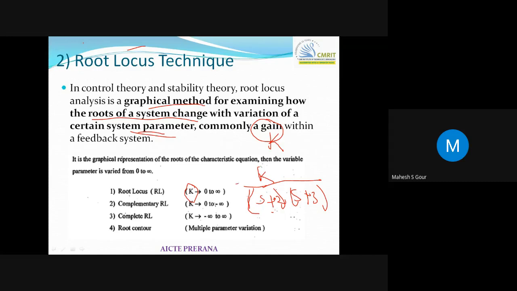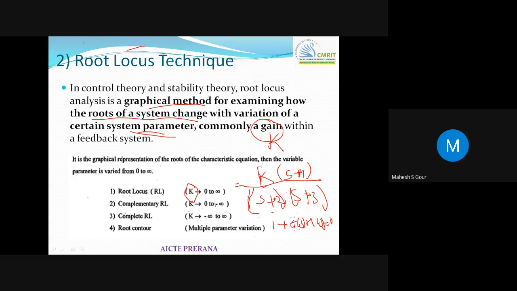Now suppose I change it a little bit, to s plus 1. Can you tell whether the system is stable or not? You can't. You can say it by solving the characteristic equation using the RH criteria, 1 plus G of s into H of s is equal to 0.